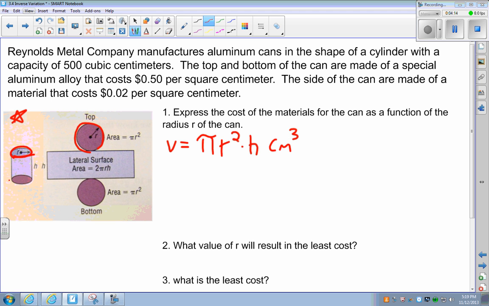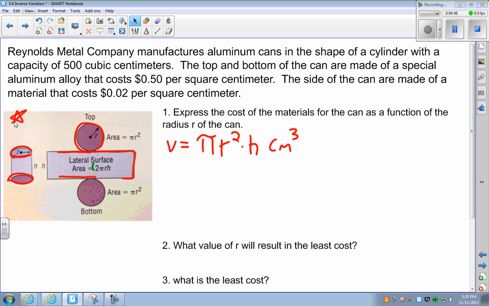And then in here, for the inside cylinder, it's just a rectangle when you take it all apart. And so a rectangle's formula is its height times its width. And its width is equal to the circumference of a circle, and the circumference of a circle is just 2 pi r. And so our area of that inside bit is going to be 2 pi r times h.